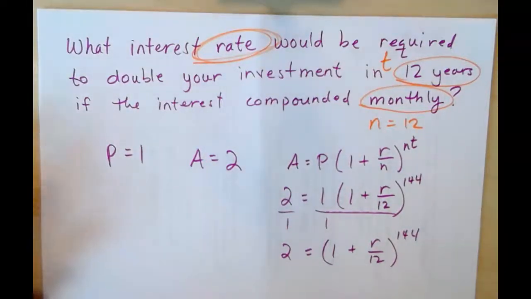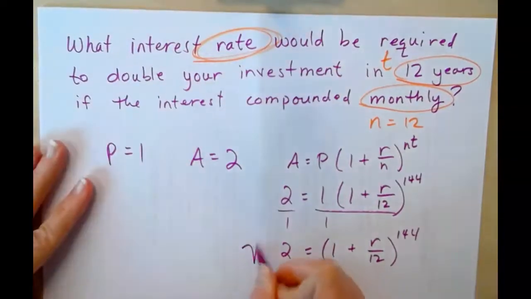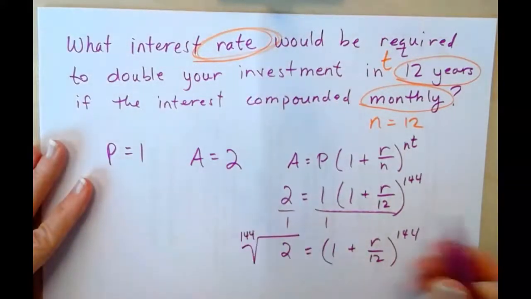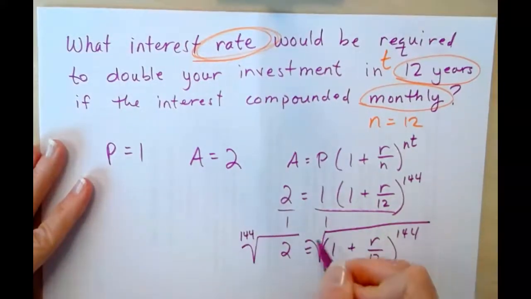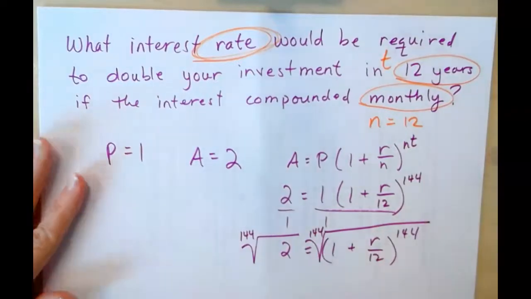What would undo a second power? Not square, not the 12th root, bigger, the 144th root. So we are going to take the 144th root.